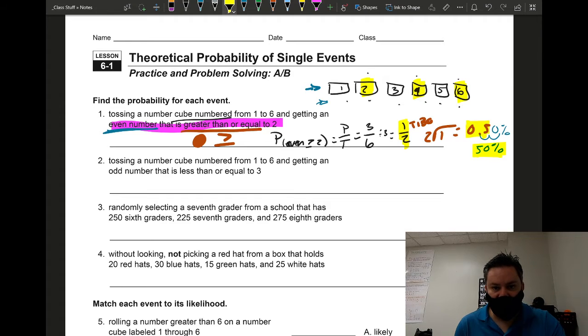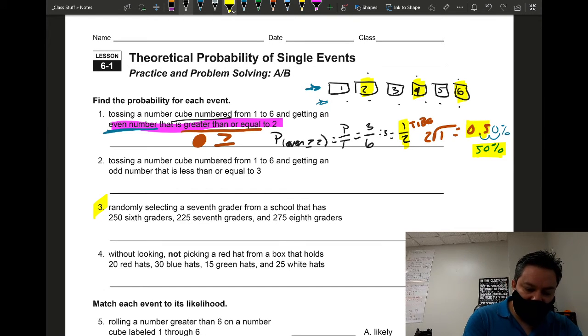It's really simple. Now, let's look at number 3. It says, randomly selecting a 7th grader from a school that has 250 6th graders, 225 7th graders, and 275 8th graders. So again, this is going to be part over total.